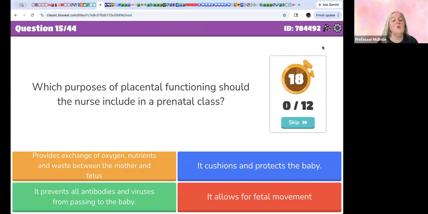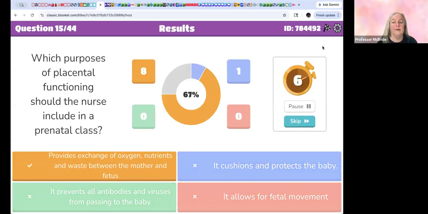Which purposes of placental functioning should the nurse include in a prenatal class? Oxygen, nutrients, and then waste. So how does this work?